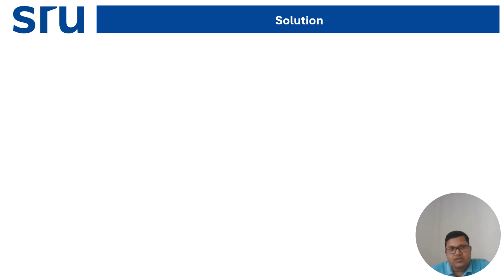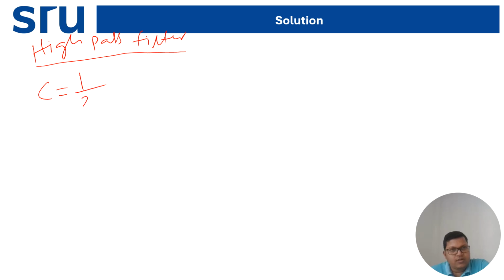As we know, the formula is C equals 1 over 2 pi F multiplied by R. So this is the formula.